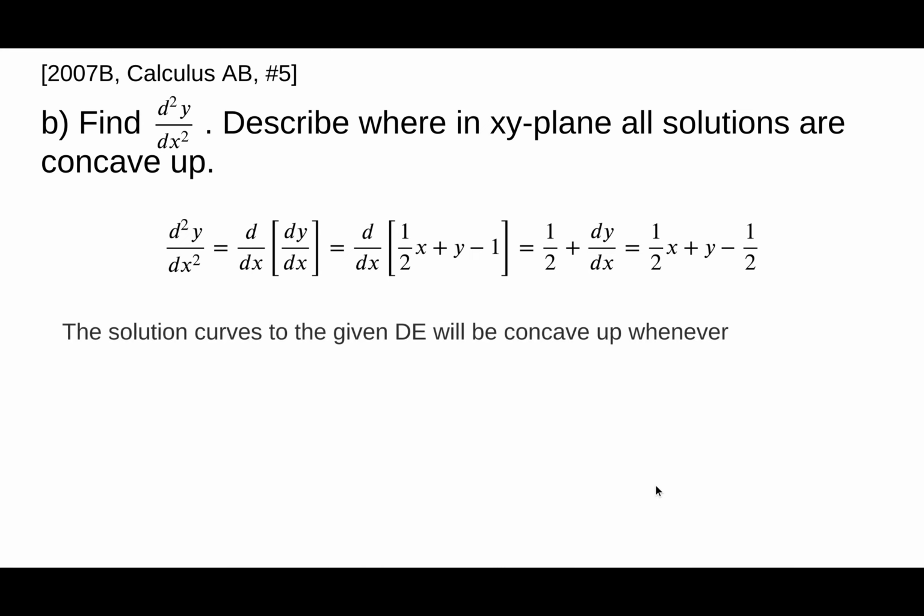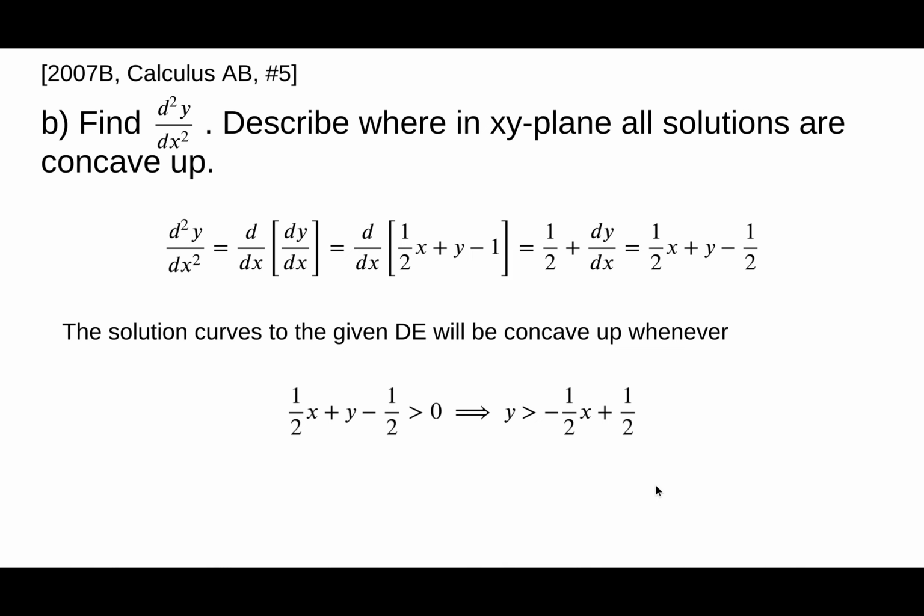And then the second part of this question, where in the xy plane will all solutions be concave up? Well, the solution curves to the given differential equation will be concave up whenever the second derivative is positive. That just means 1/2 x plus y minus 1/2 has to be greater than 0, not equal.